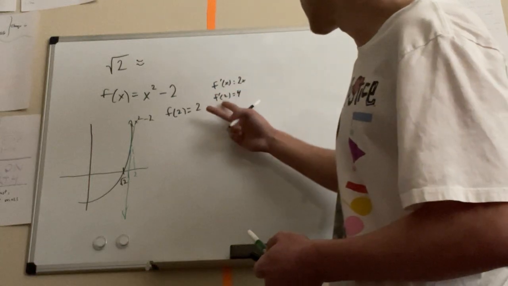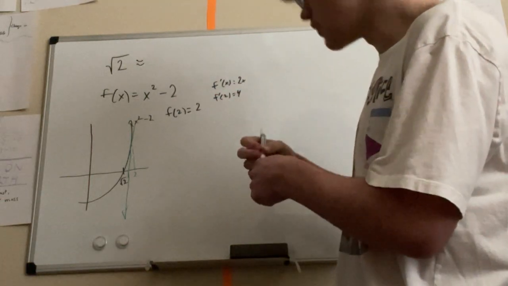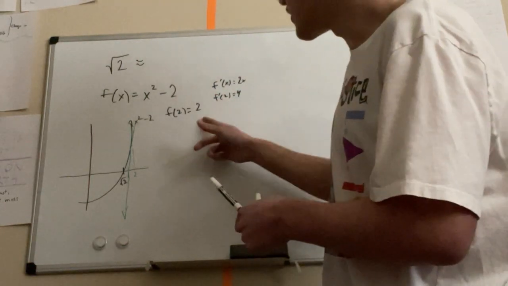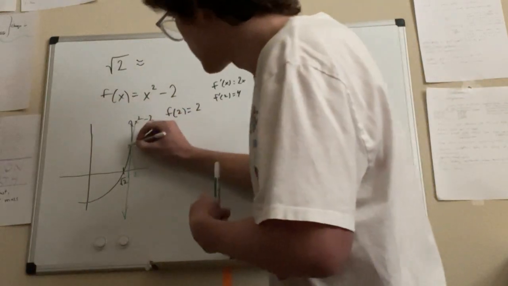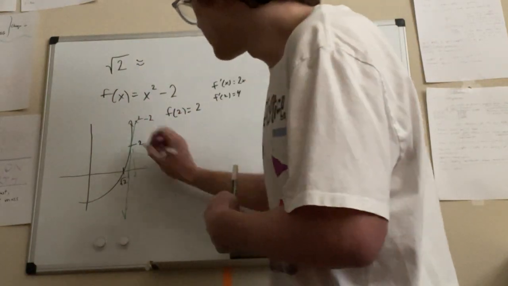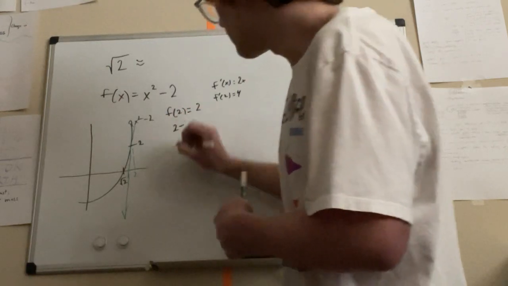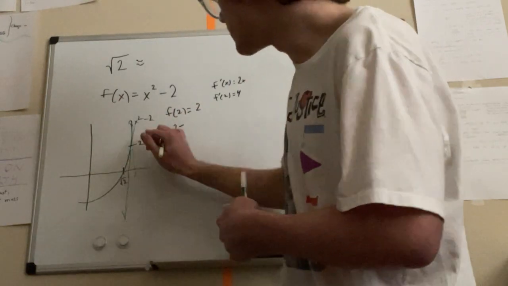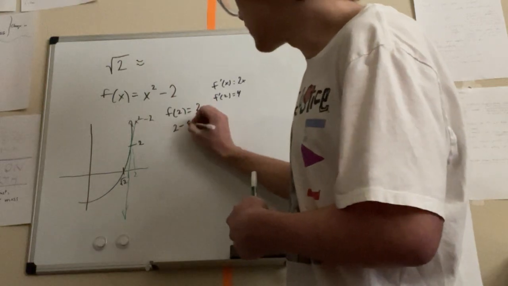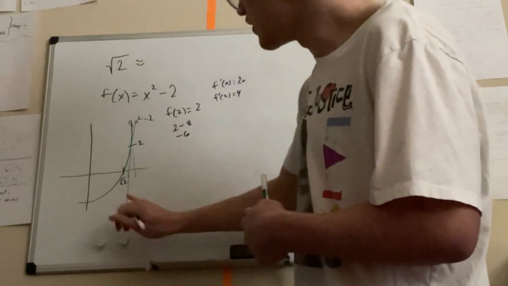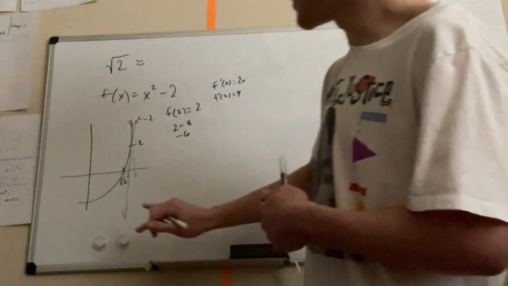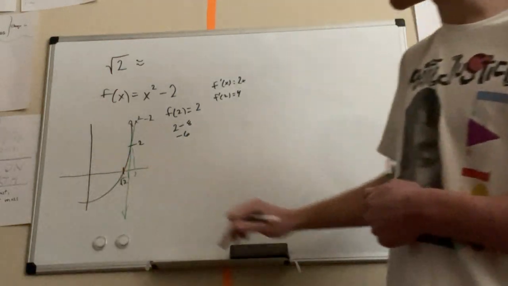The output at x equals 2 is 2, so along the y-axis, it's 2. So, that'd be 2 minus 2 times 4, which is 8. So, that'd be negative 6. So, the y-intercept for this line would be negative 6.